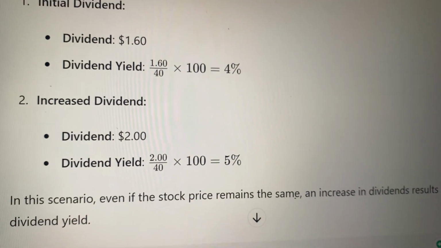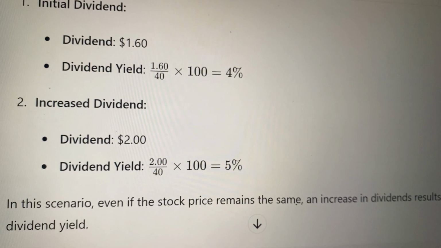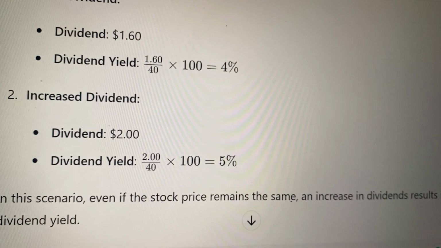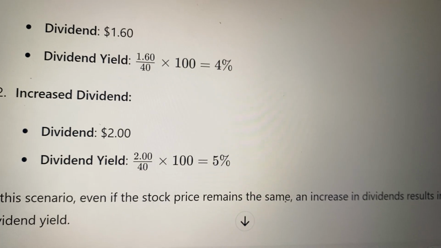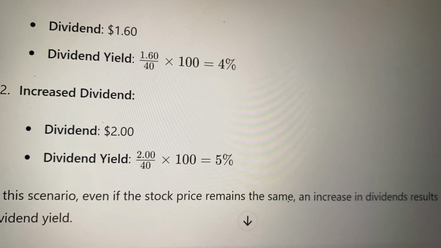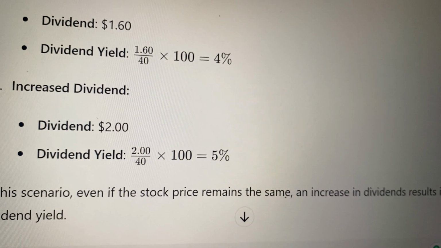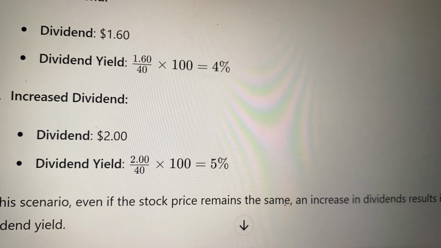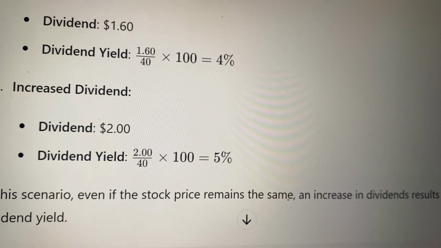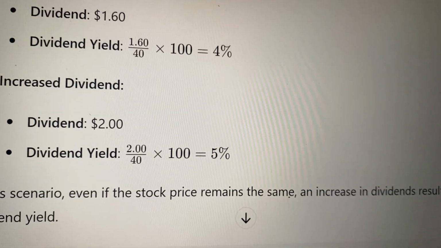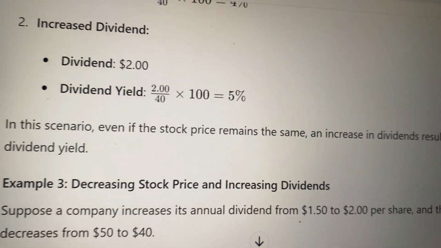Now the next item is number two, increased dividend. The dividend goes up from $1.60 to $2, but the price of the stock remains the same. So $2 divided by 40 times 100 equals 5%. Your yield has gone up.